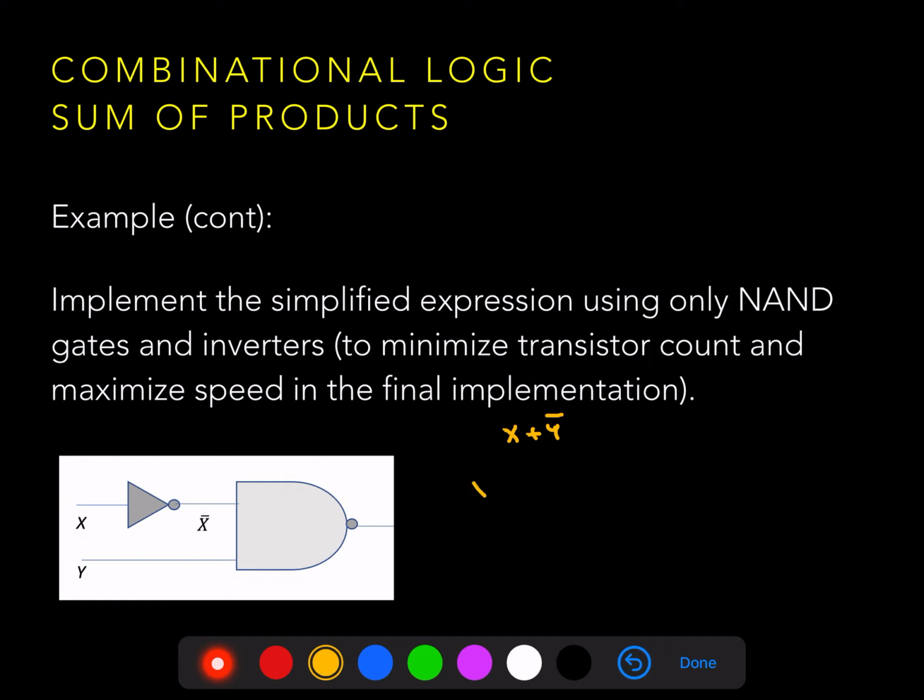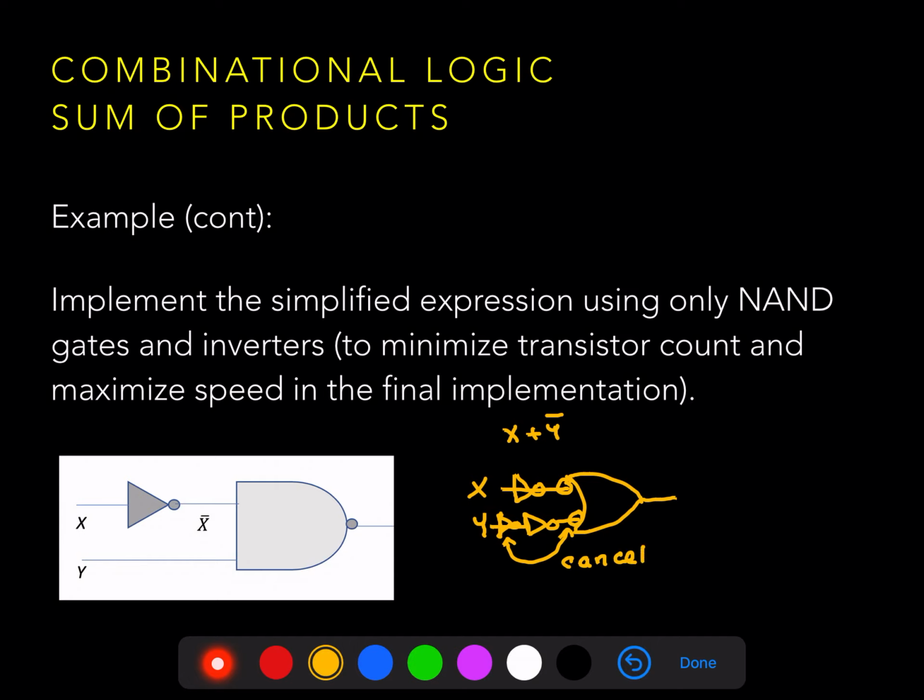X or y0 gives us this implementation using an OR gate, and to convert it to a NAND gate, we now need to invert the inputs to the OR gate, but in doing so, we need to make sure that we don't distort the value of the output, so we have to add extra inverters. There's a double inversion going on, and these two will cancel out.